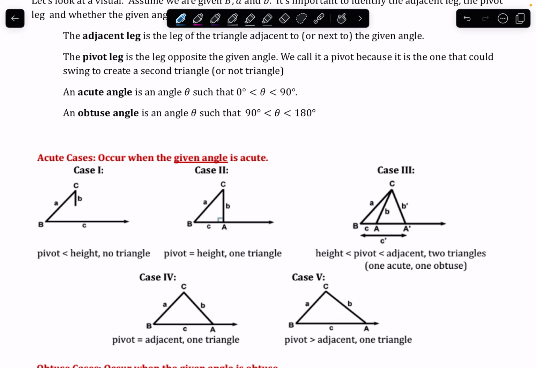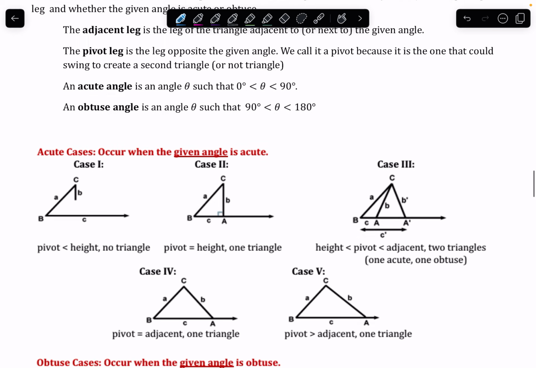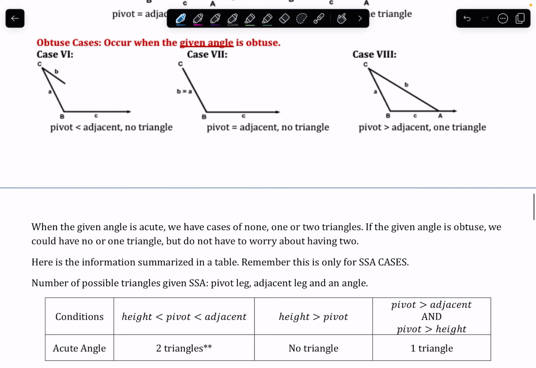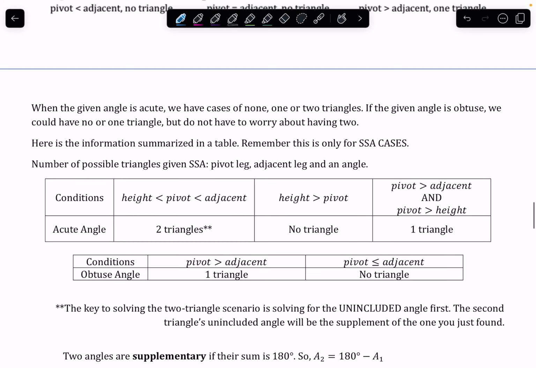So again, the only one you've got to be very, very careful about is when you're given two sides and the non-included angle between them. If it's an included angle, you're fine. If it's a non-included angle, we've got a problem. So I've got it written several different ways, the visuals versus the tables.